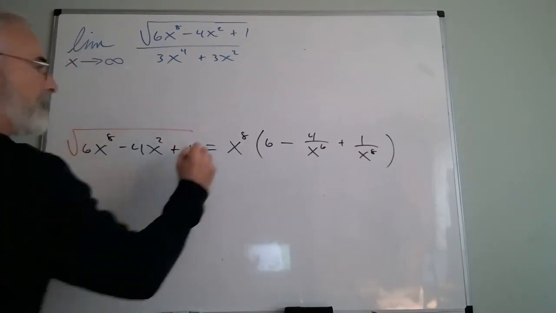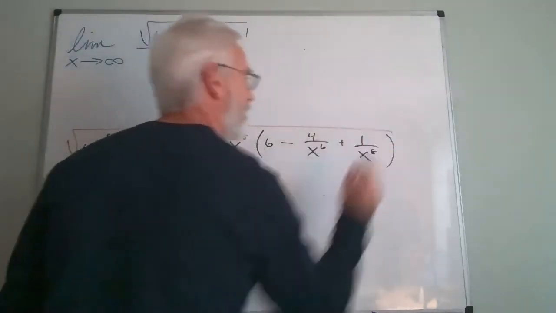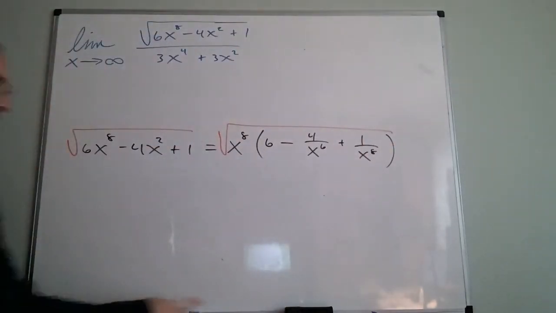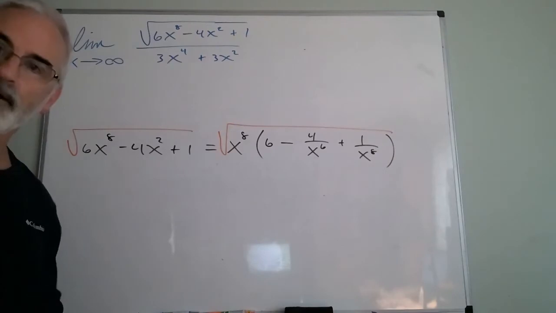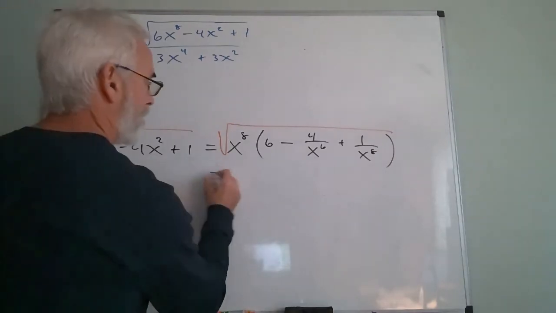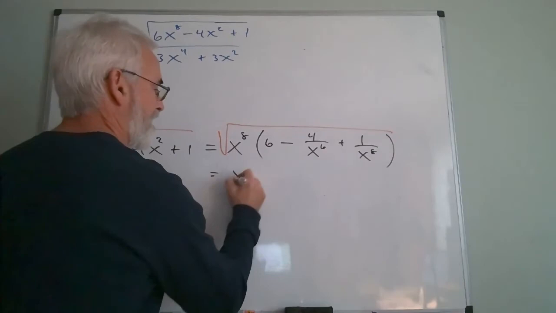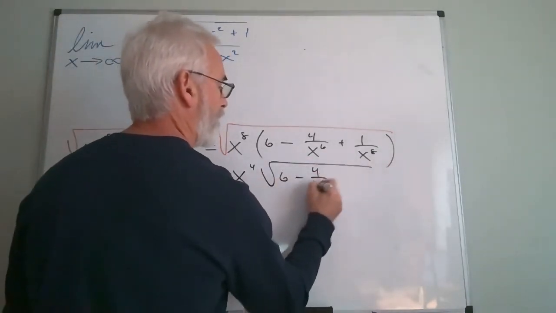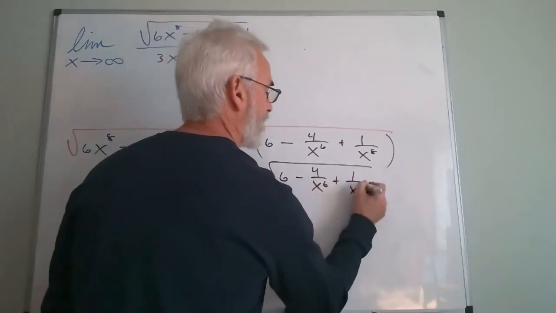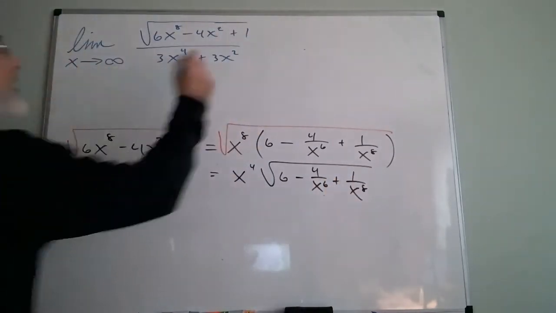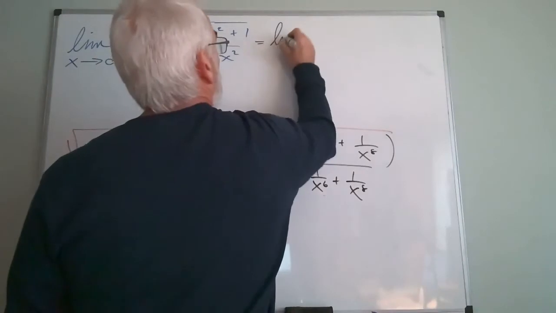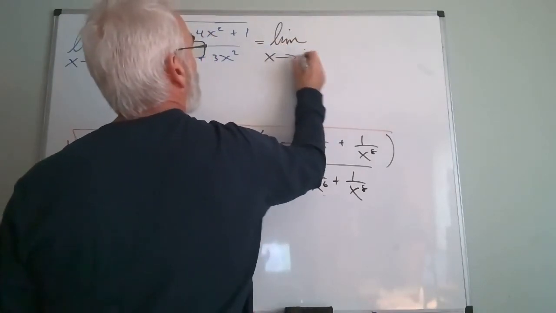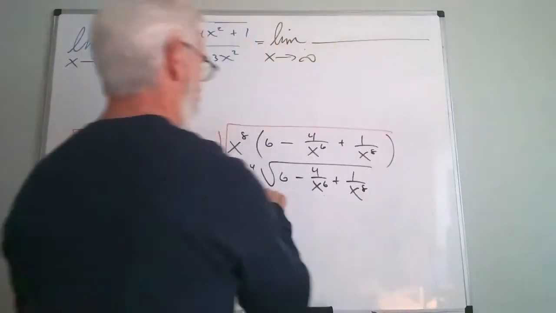Because now the square root of a product is the product of the roots. So I have the square root of x to the 8th, which is x to the 4th, times 6 minus 4 over x to the 6th plus 1 over x to the 8th. I'm going to put this right here.